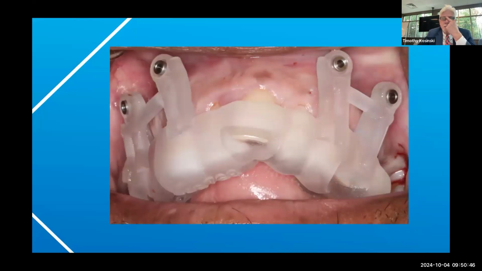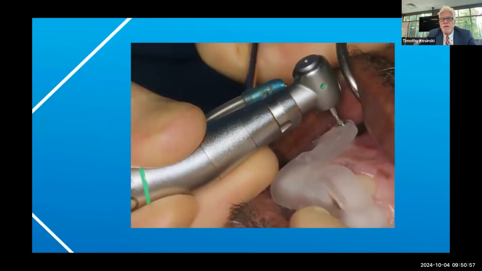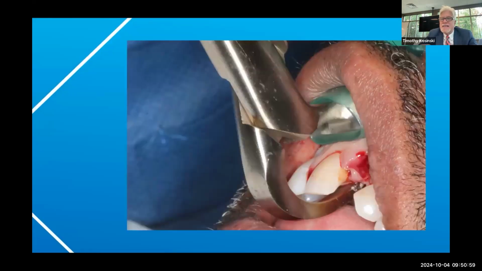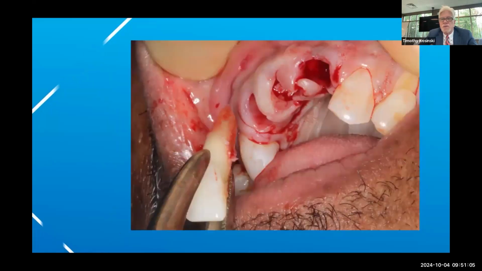So the team at Glidewell fabricated a guide over the teeth that allows me to create my stabilization pins. We then extract teeth atraumatically, minimally traumatically. Bone is gold to us, doctors. It is gold.